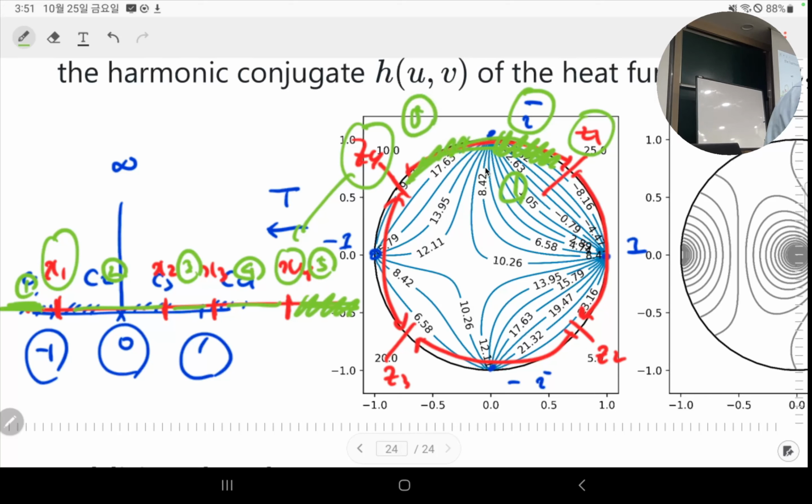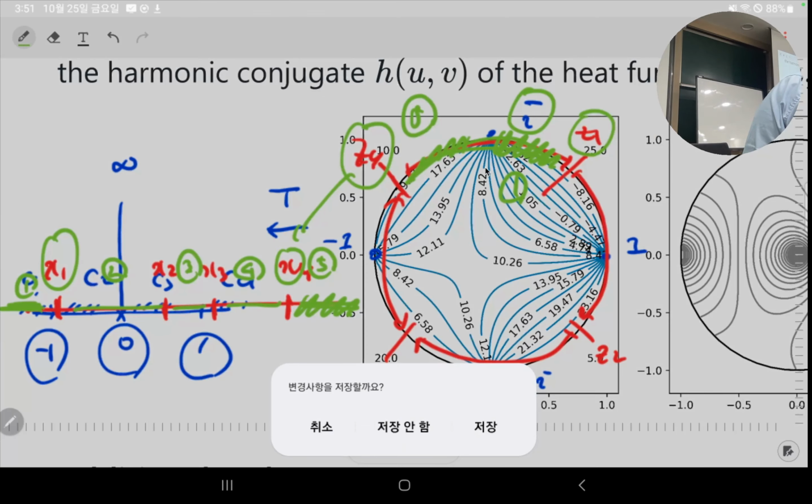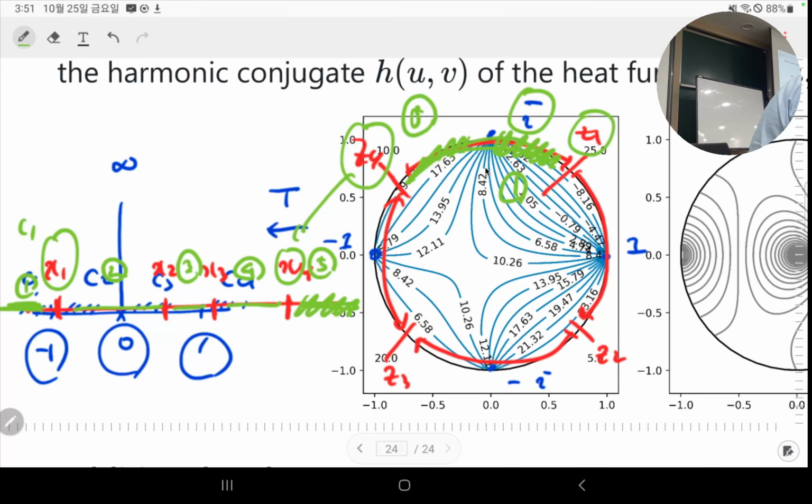So what do we have to do? If we have the same values on that boundary between Z1 and Z4, then we can just set the boundary value C1 and C5 the same.